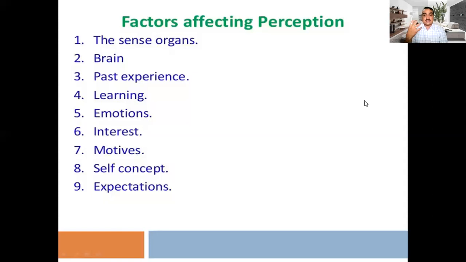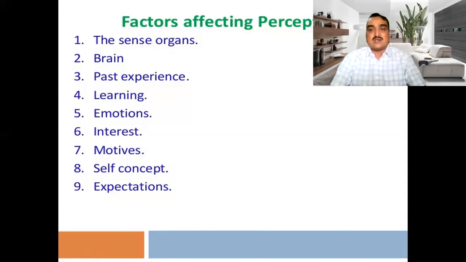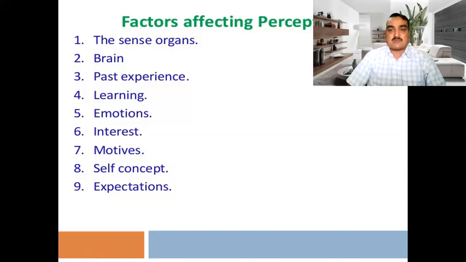Only through the help of sensory organs I cannot get the right type of perception. So I should get these elements too. If I am not using my brain for the information that I have actually received, then it is difficult for me to get comprehensive information.